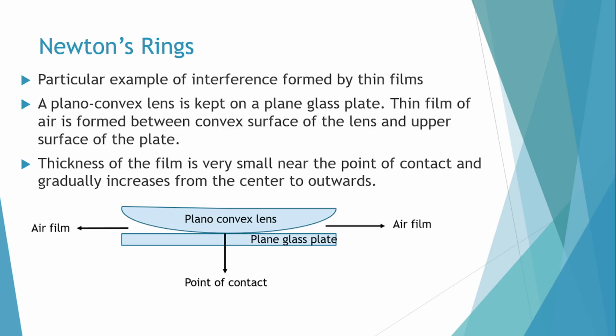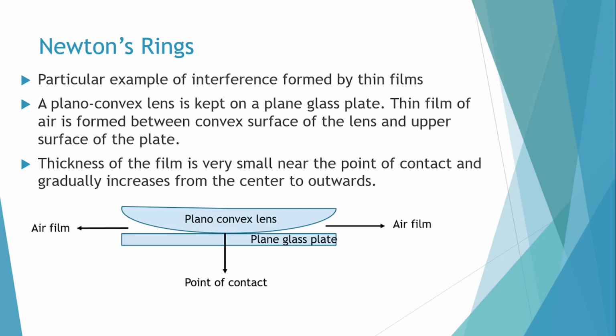The thickness is very small near the point of contact and it gradually increases from the center, or from the point of contact, outwards. So this is a thin film used by Newton to observe the interference in it.